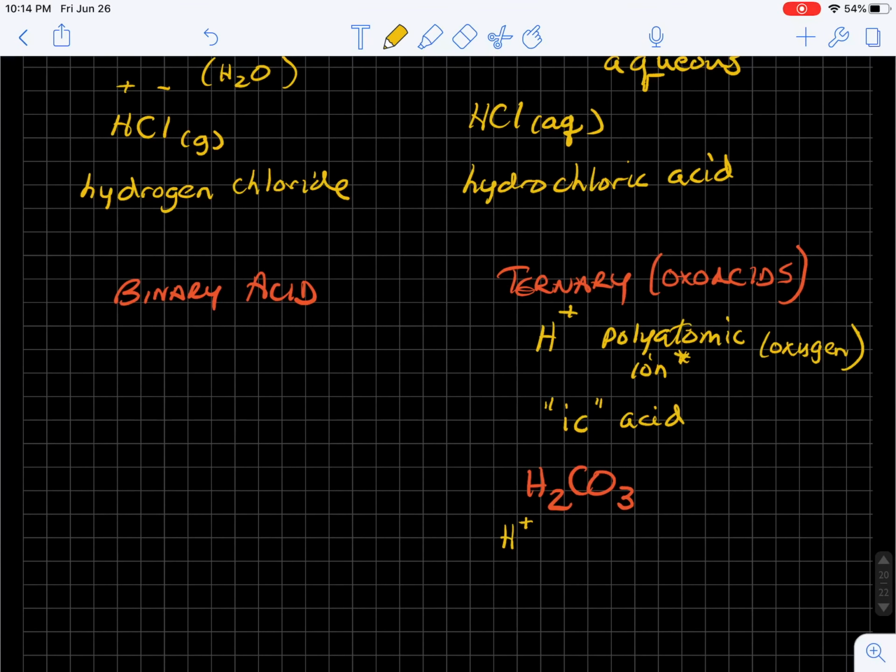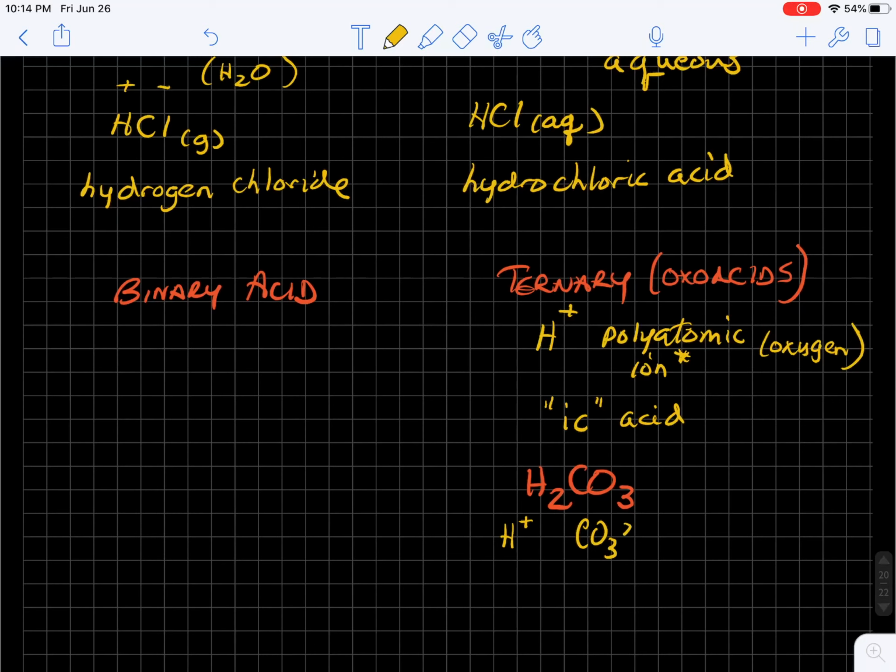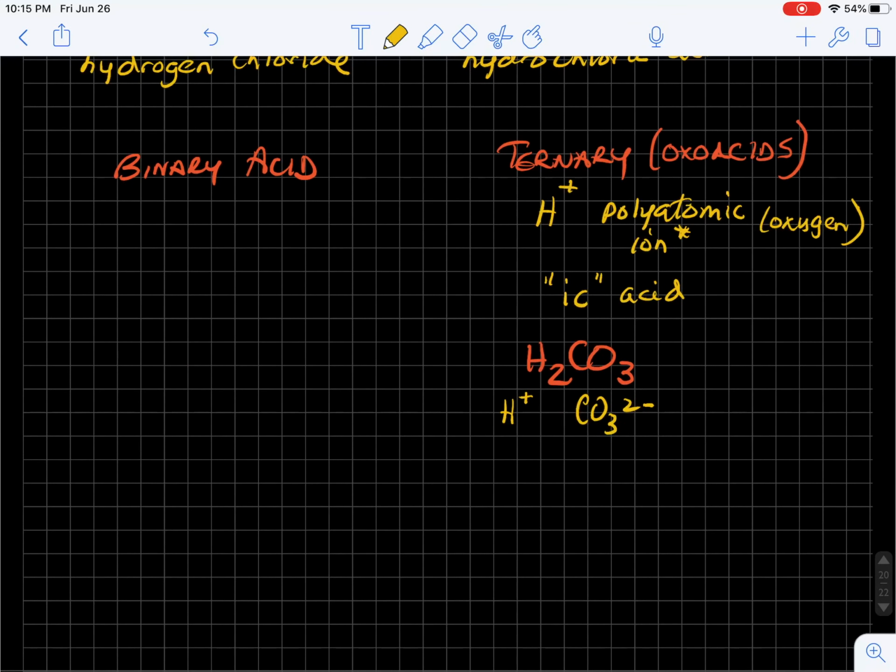Well, H2CO3 comes from hydrogen, the positive thing, and carbonate, the negative thing, which is a polyatomic group, and it has oxygen in it. So we're going to use the term ic acid. And it's based upon the polyatomic ion because that's what's going to be different in each of these acids. So the polyatomic ion is carbonate. We replace the ate with ic, and we get carbonic acid.